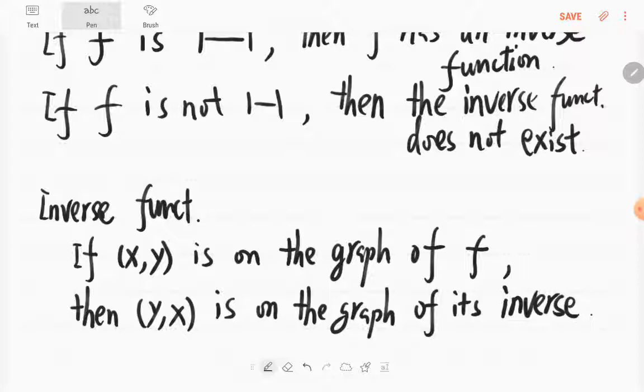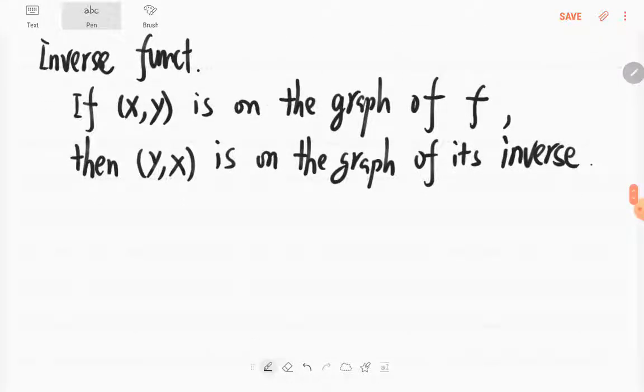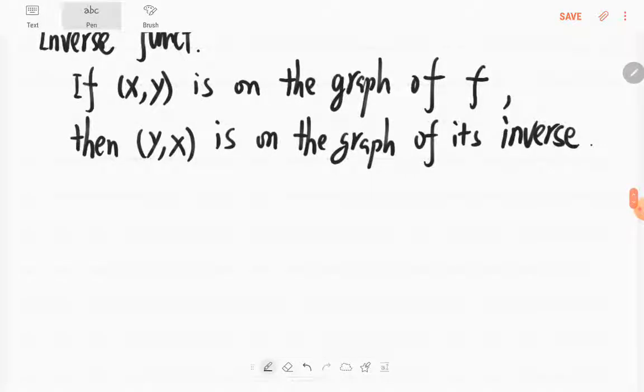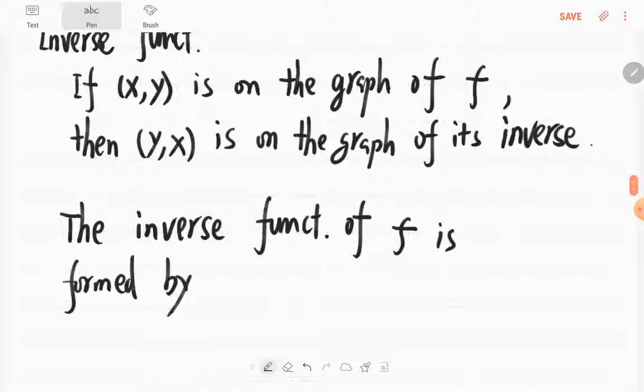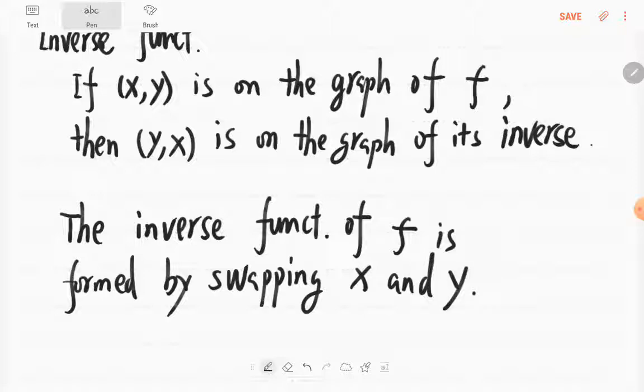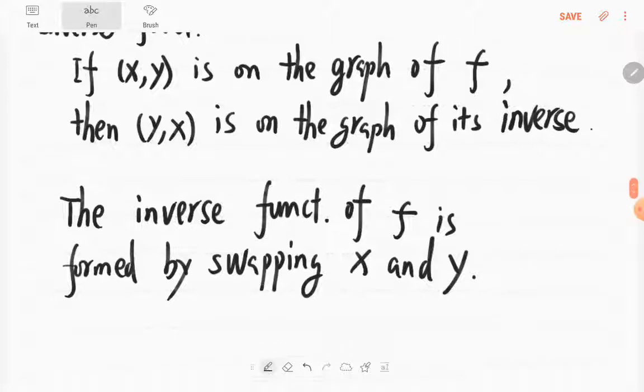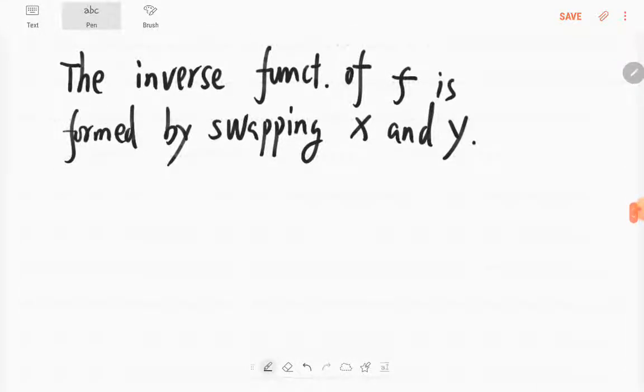In other words, the inverse function of f is formed by swapping x and y. So this is called the inverse function.